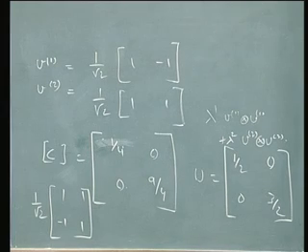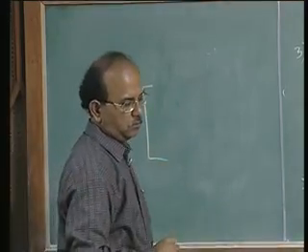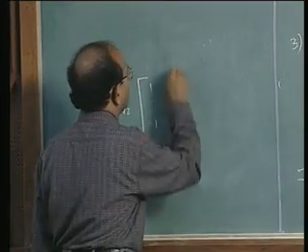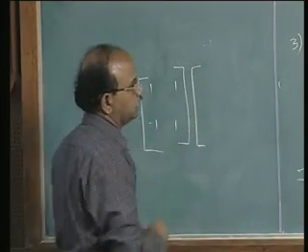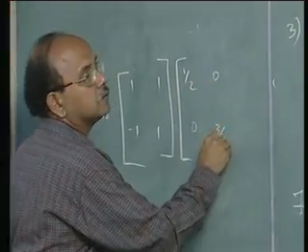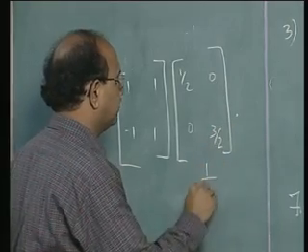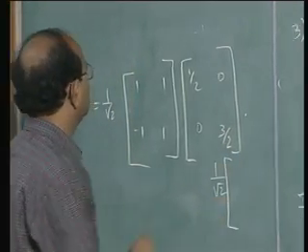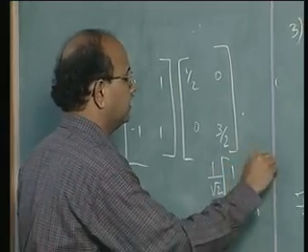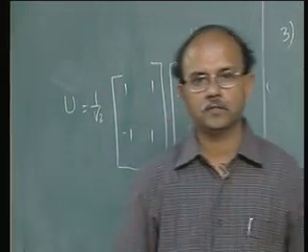So, in other words, 1 by root 2, 1 minus 1, 1 1, times the diagonal matrix 2, 0, 0, 3 by 2, times 1 by root 2, 1 1, minus 1 1, would be the transformation matrix.